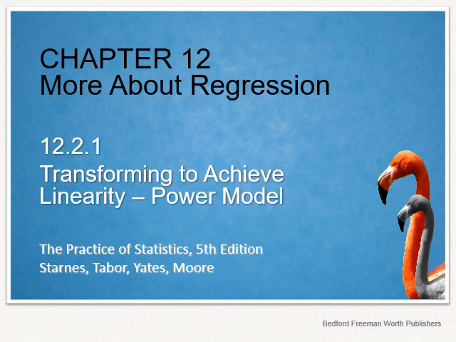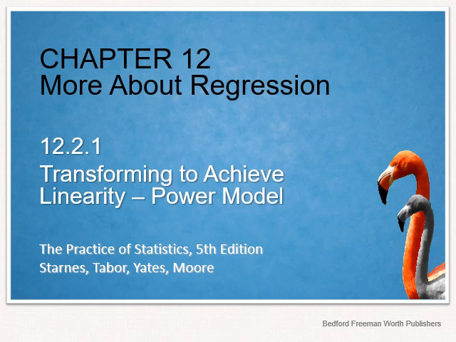All right, so in this section, we're going to talk about what happens if the bivariate data, the x and the y data, doesn't form a line when we plot it. We're going to basically straighten out the line, so transform the data so that it is linear.